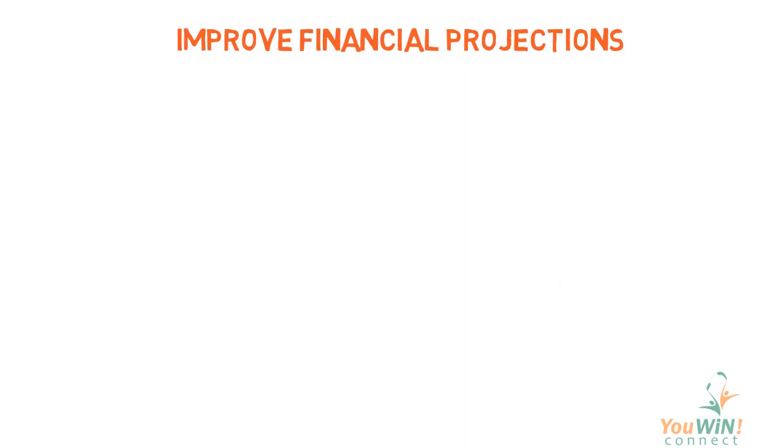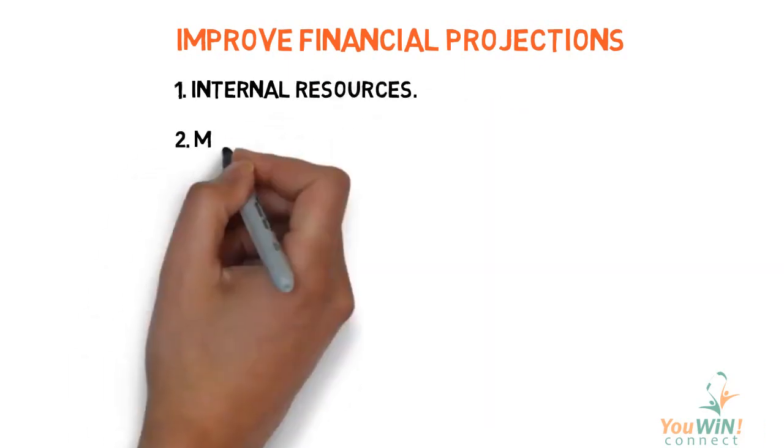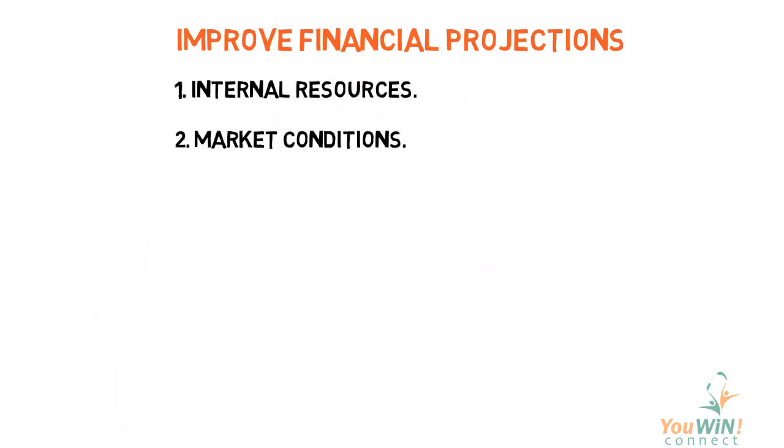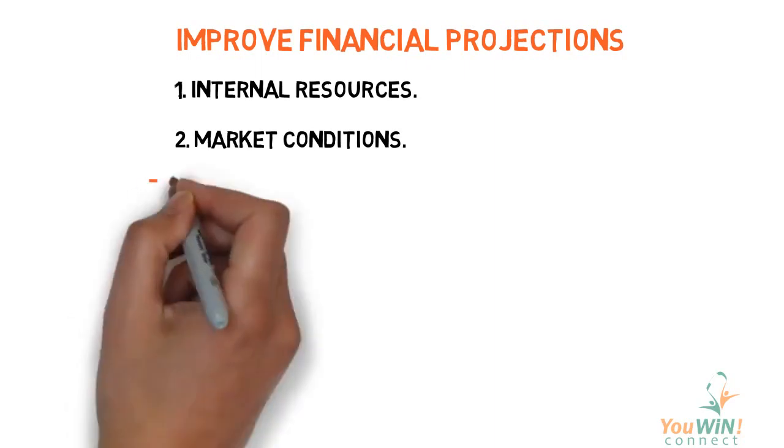In improving financial projections, there are two possible solutions. Solutions can be from internal resources, and solutions could come from market conditions. What we usually advocate is that to improve financial projections, let's look at the things that we have control over first.